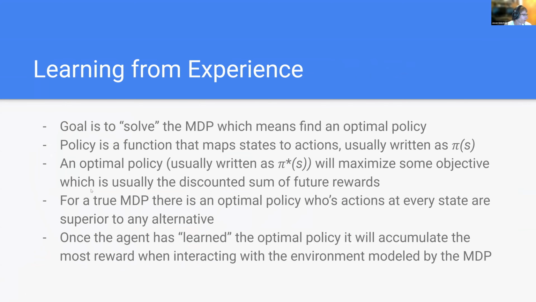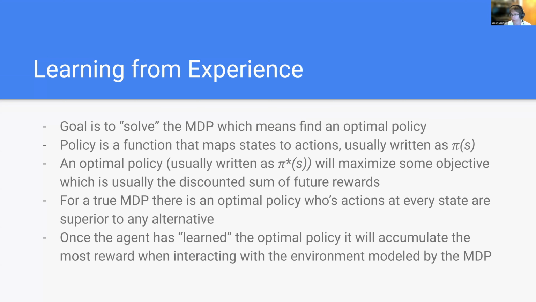Okay, so I already mentioned a little bit of this, but the goal throughout the book will be to solve these problems, to solve the Markov decision process. That means finding an optimal policy, where the policy is the thing that actually defines what decisions are made in every state.